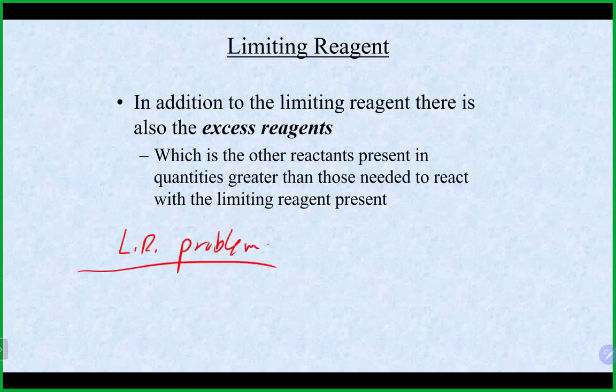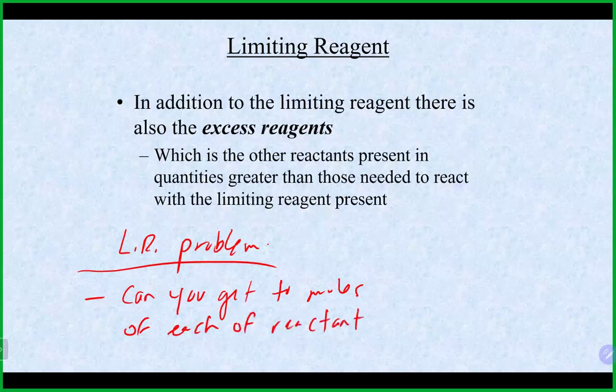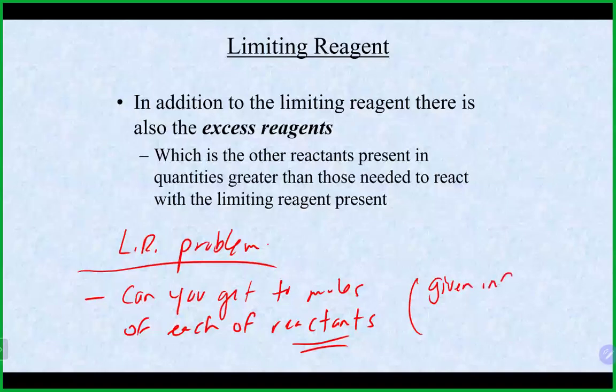The easiest way to figure out if it is a limiting reagent problem is, can you get to moles of each of the reactants? So that is pretty much the key. And just the basic of that is you're given info about both reactants.